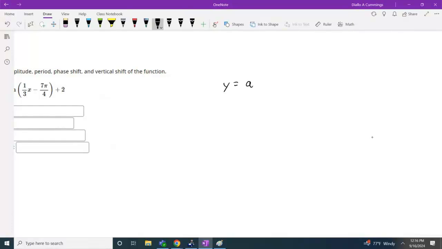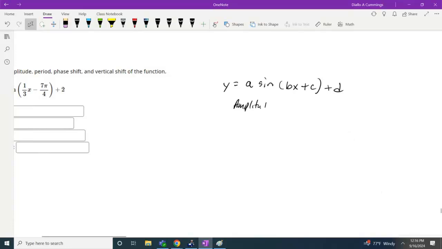So y is equal to a times the sine of bx plus c, plus d. Now you're going to see all kinds of model forms. Sometimes they may use different variables, but notice this is the same exact form as what we have.